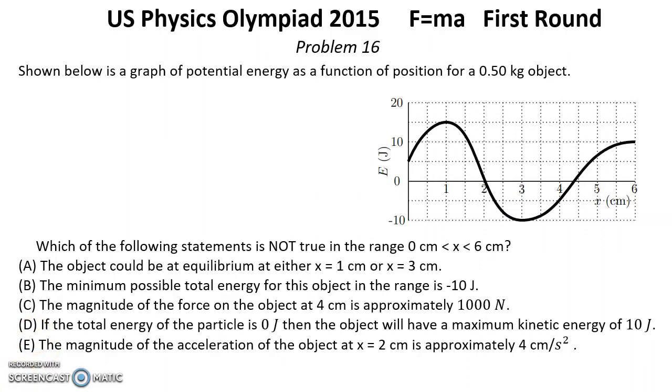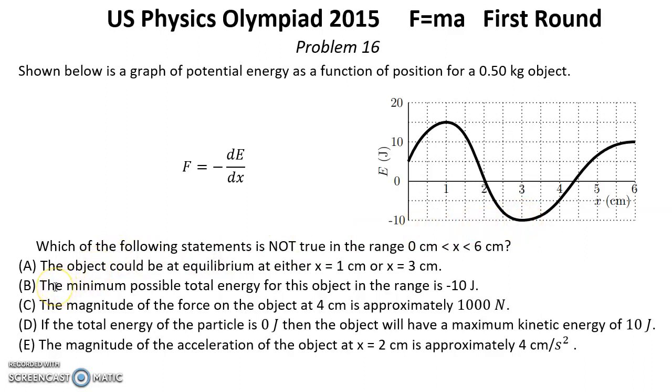Equilibrium position is defined by force equal 0. So in a graph it means that the slope at this point must be equal 0, which is at 1 centimeter and 3 centimeters. At point 1 we have unstable equilibrium, and at point 3 we have stable equilibrium. So A is not good.